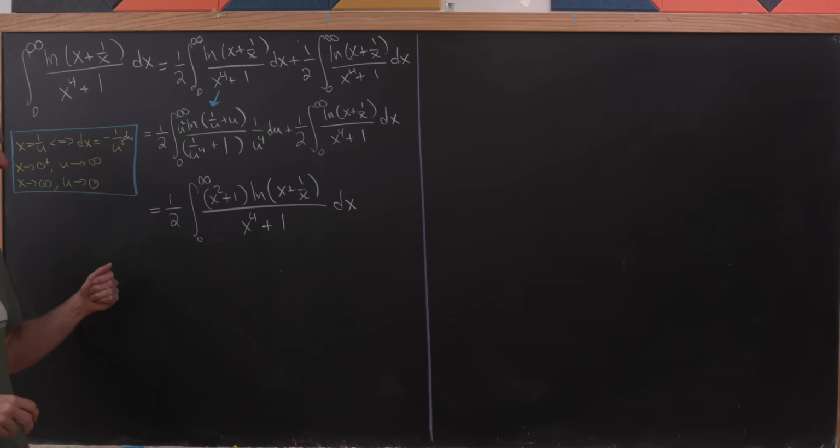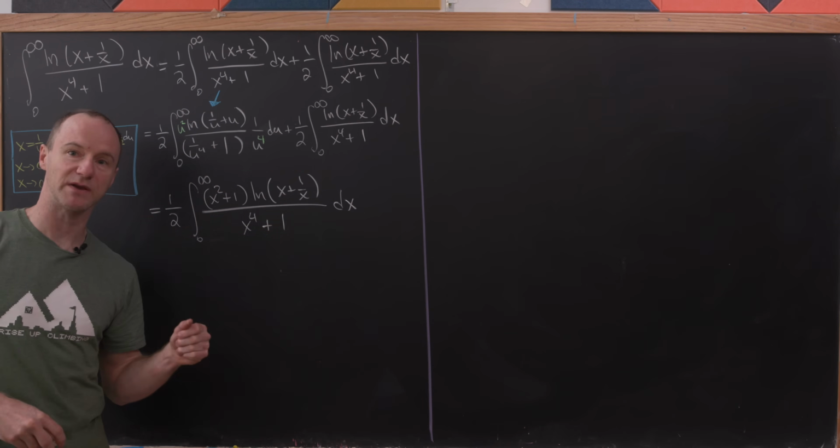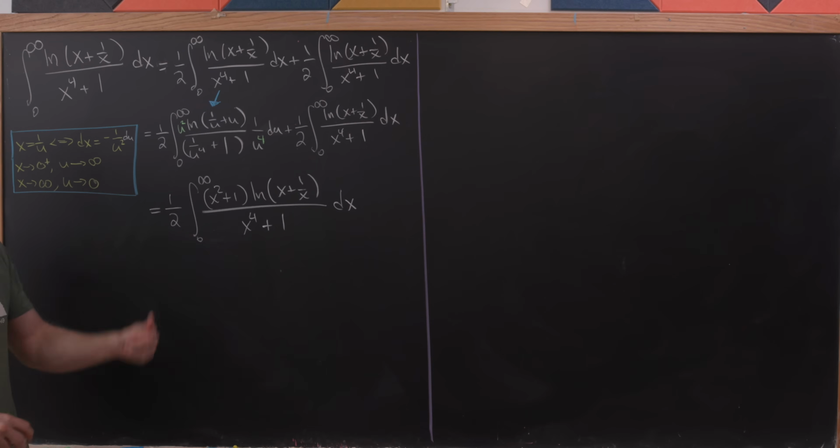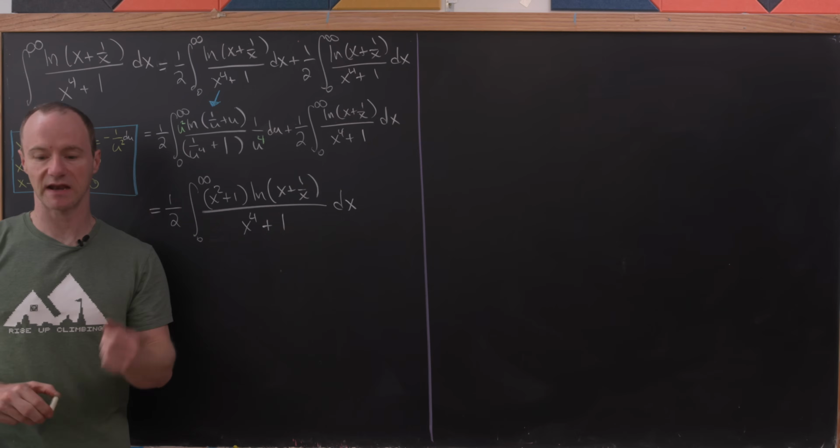Like I said, that's by that substitution that I just did, distributing this u to the fourth through, and then maybe swapping back u for x in the first one. Oh, and one last thing is, I still need my half here, so I cannot get rid of that half.